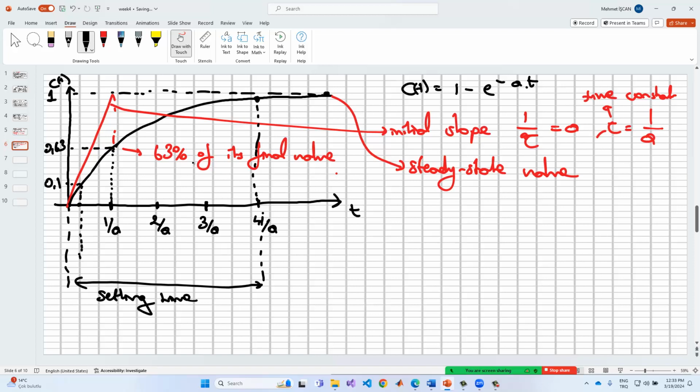For example, another term in here, 0.9, is also called the rise time. This is another parameter to define the system.